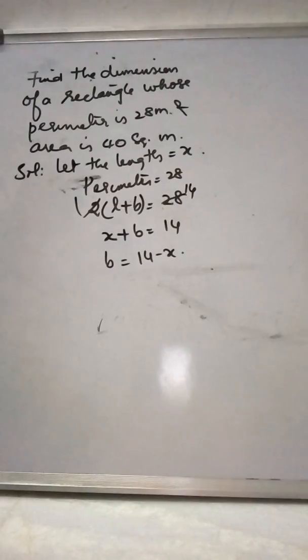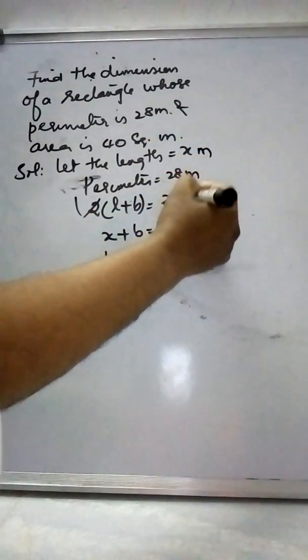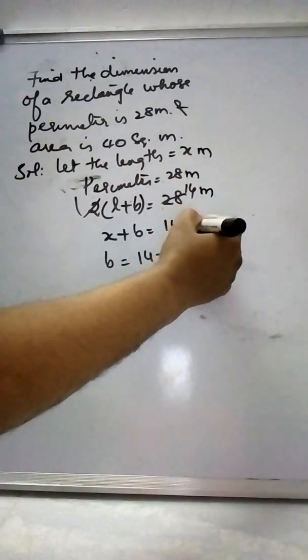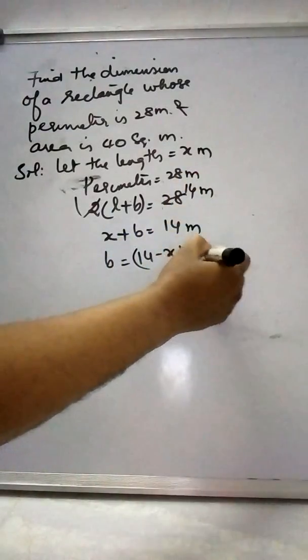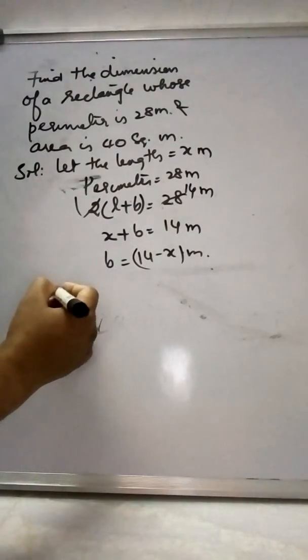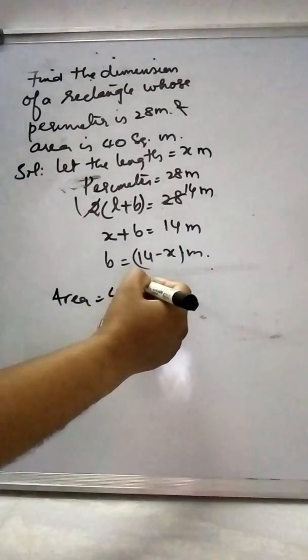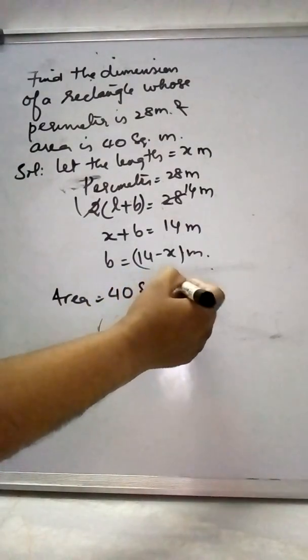Okay, so you can take the unit as meter, here also it is meter, and this is also meter. Now given area is equals to 40 square meter.